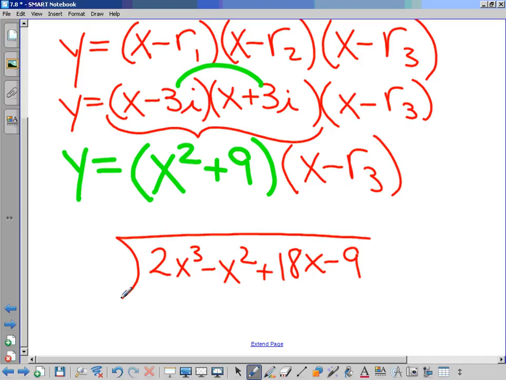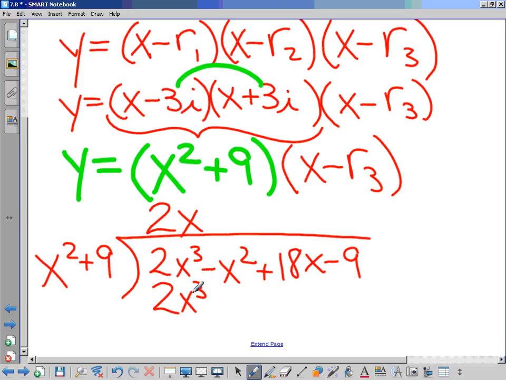We know that x squared plus 9 is one of the factors. So how are we doing on long division? Give me the first right here. What times x squared will make 2x cubed? 2x. Good. So 2x times x squared makes 2x cubed.